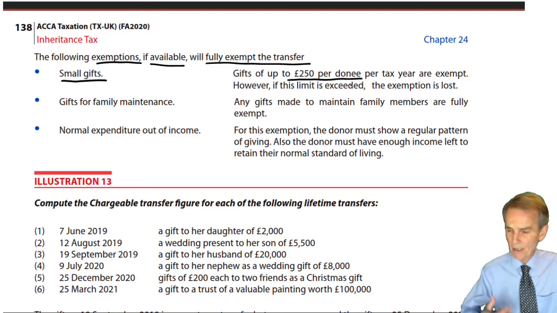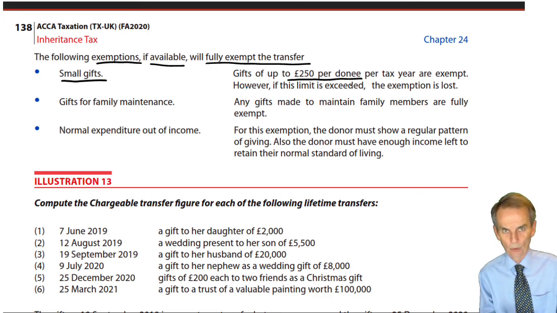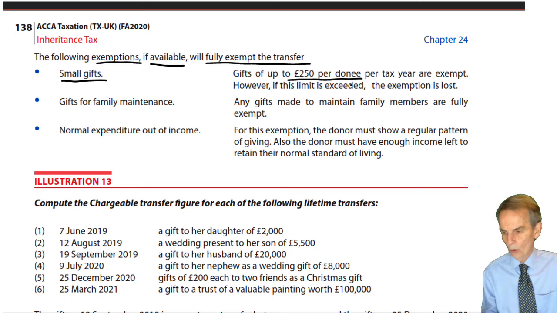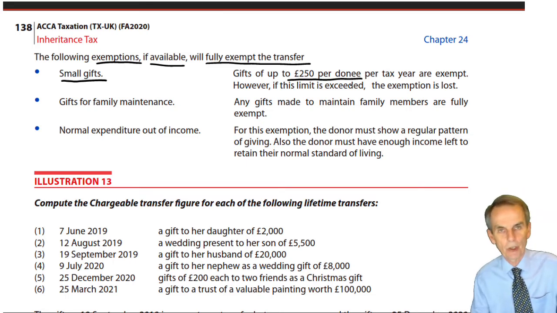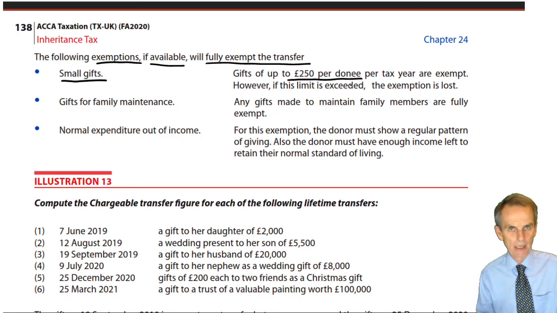Remember, we're dealing with a cumulative donor-based tax. We're dealing with the donor. But if they make one or 100,000 individual lifetime gifts, maybe not 100,000, to one or more individuals, then each such gift up to £250 is exempt.